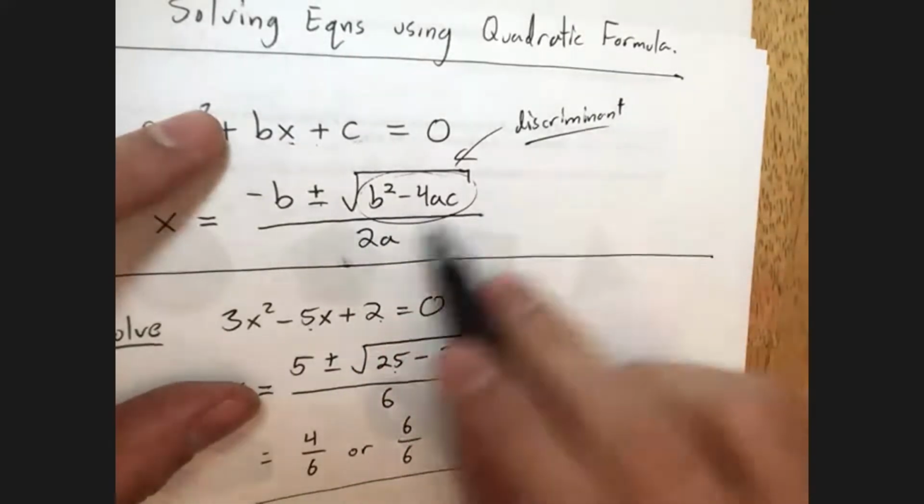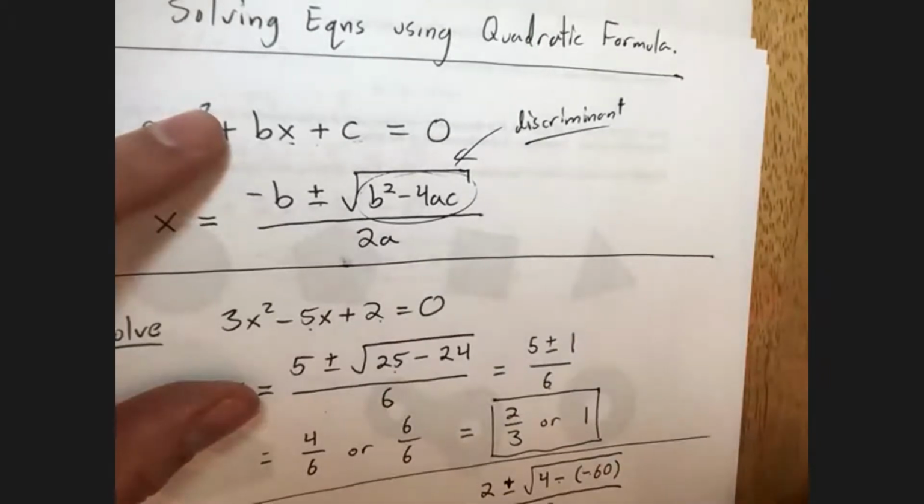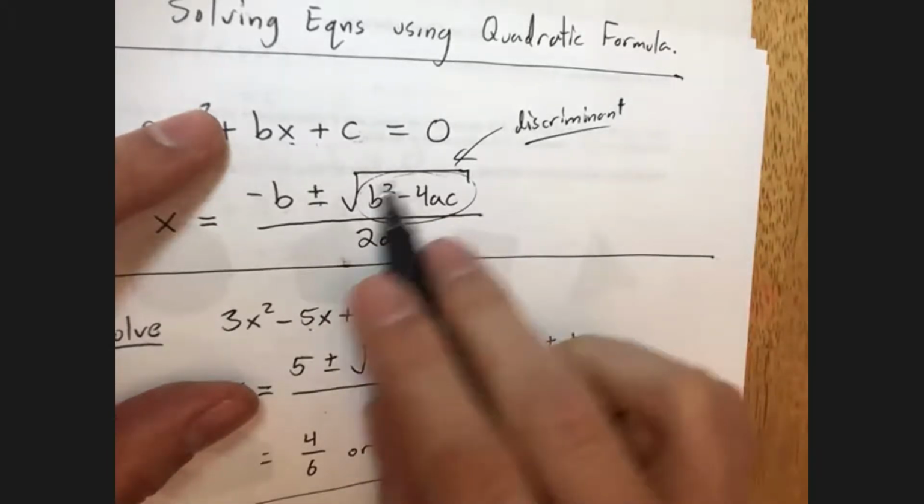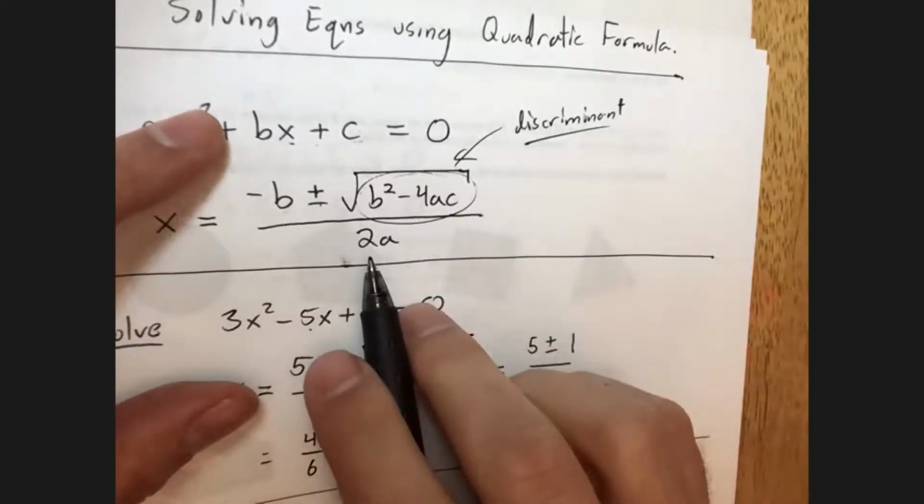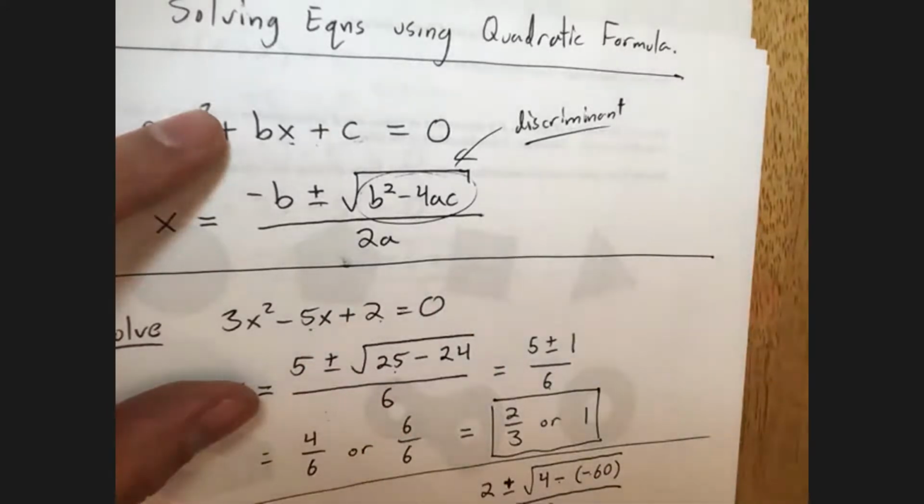By looking at the discriminant, you can tell if there's going to be one solution or two solutions, and whether the solutions are complex. So sometimes people immediately compute b squared minus 4ac, just to get an idea of what kind of solutions to expect in a problem.